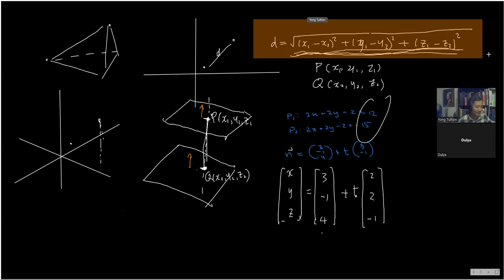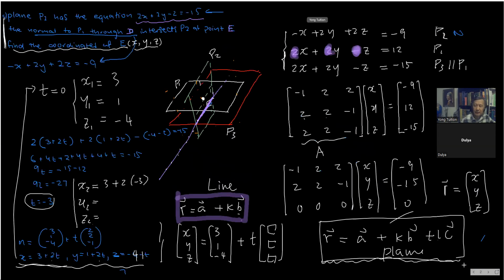Not quite, I'm not sure. Well, I think this question is solved. Basically what we did is we set the x, y, z. We choose t to be 0. We obtain one point because t is a parameter. The starting point of t can be anywhere, right?